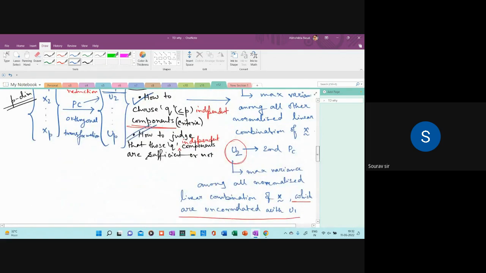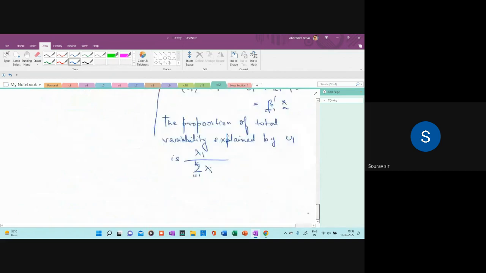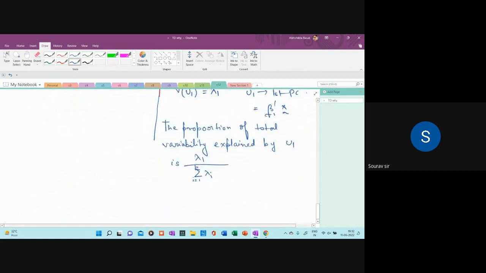So for this we are saying the proportion of variability, we want the maximum variability to be explained. The method is very simple: we are trying to find the proportion of total variability.